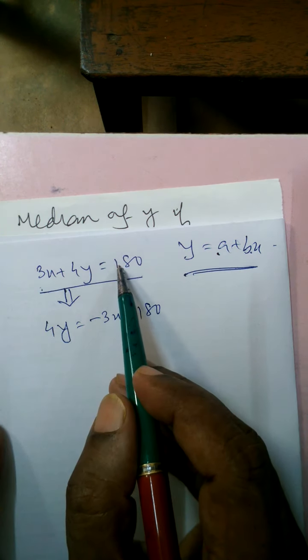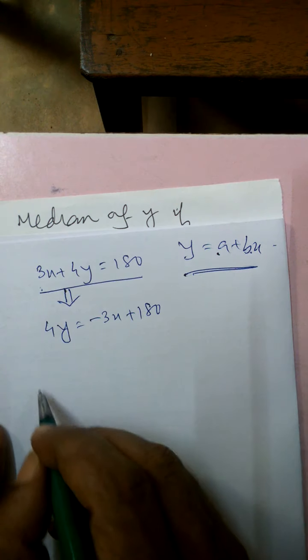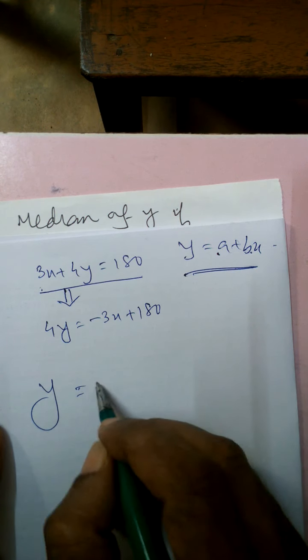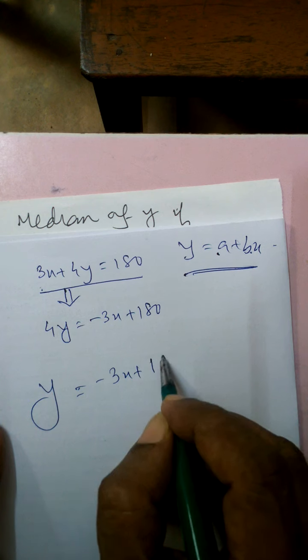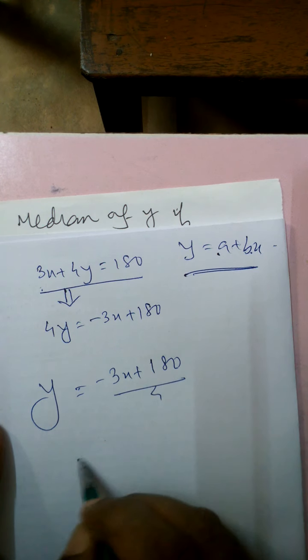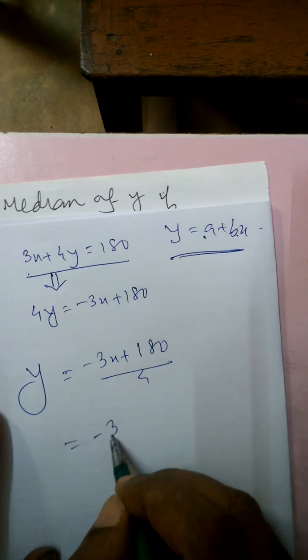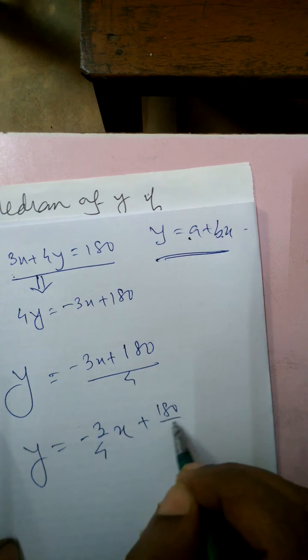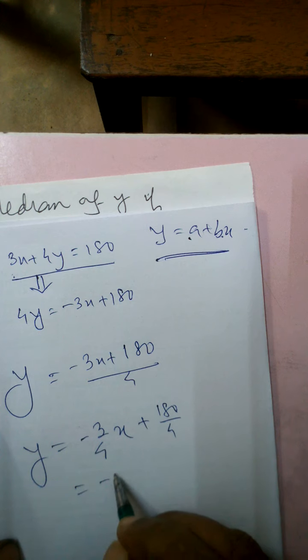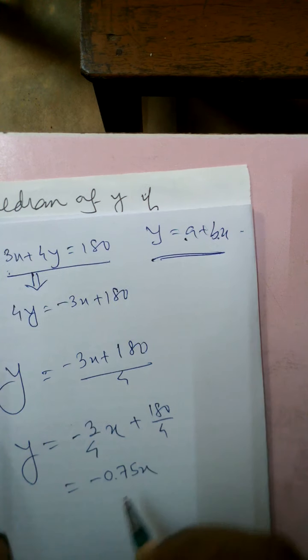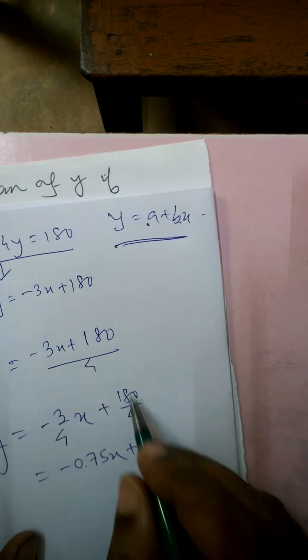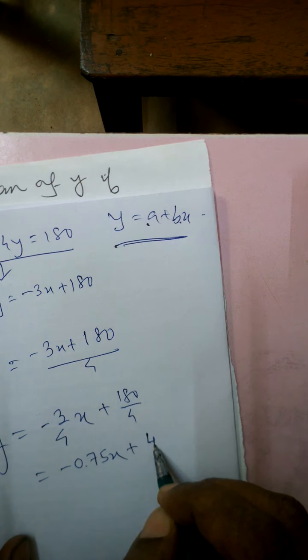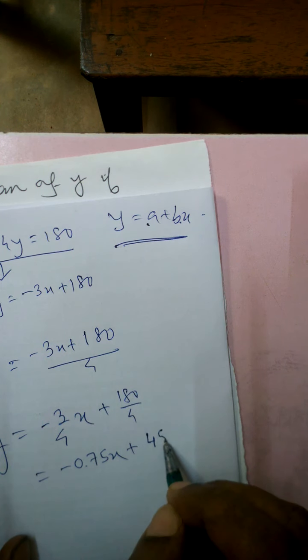what I have done is, minus 3x, we moved x to the other side, minus 3x. So what is y? Y is minus 3x plus 180 by 4. Now you divide separately: minus 3 by 4 x, this is y, plus 180 by 4. So this is minus 0.75x, dividing 3 by 4 gives minus 0.75, and 180 by 4 is 45.